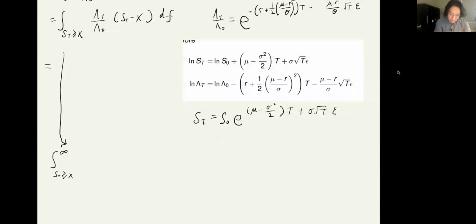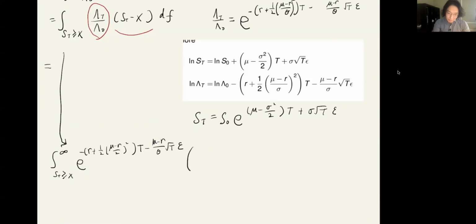Okay, and this is e to the negative r epsilon. Okay, so that is this here, and then we're moving on to St minus x.